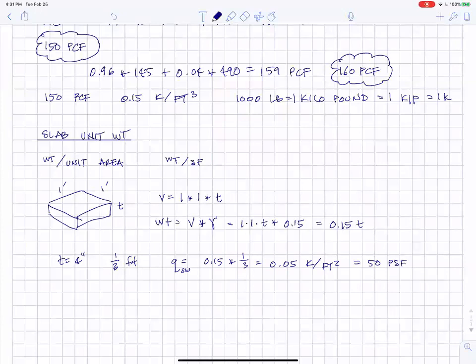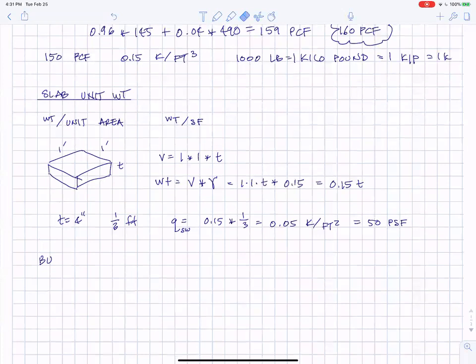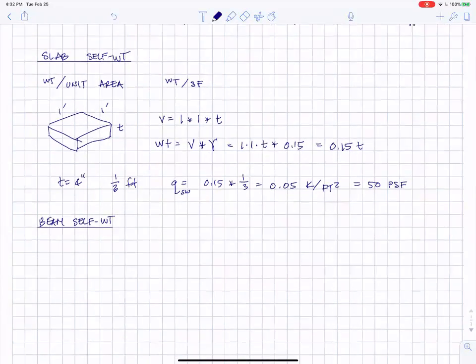There you go. Let's get beam self weight. Sorry, beam self weight. Okay, same thing. It's just the volume times 150 pounds per cubic foot.